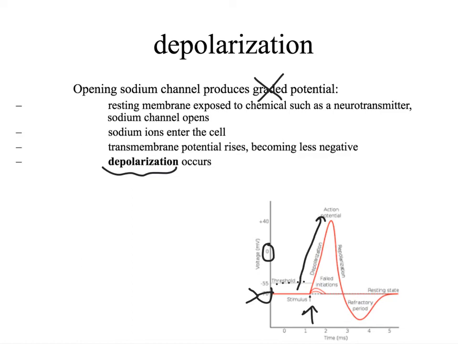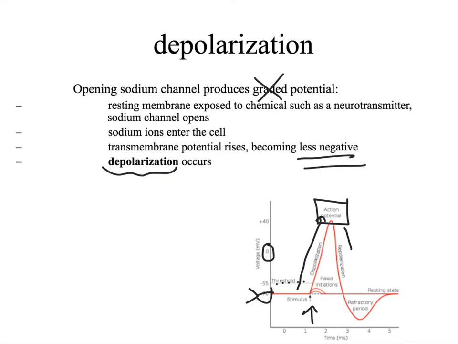You shoot right past 0, now you're at +40. So here is a peak of your action potential. Again, you've become less negative, and that's important to understand. So that is depolarization.